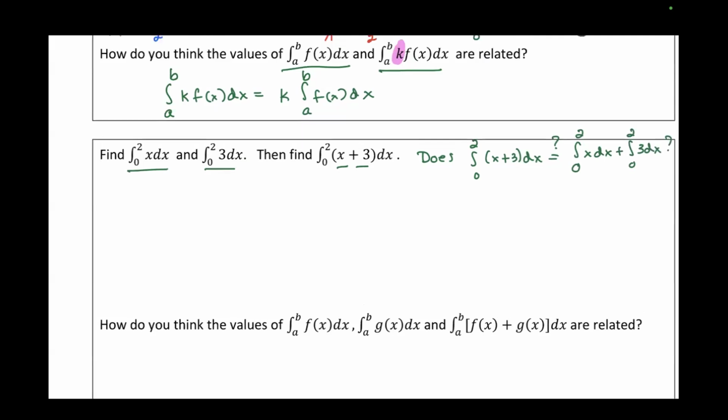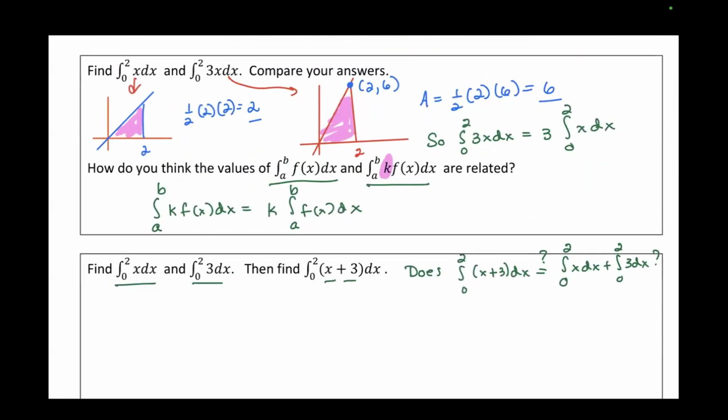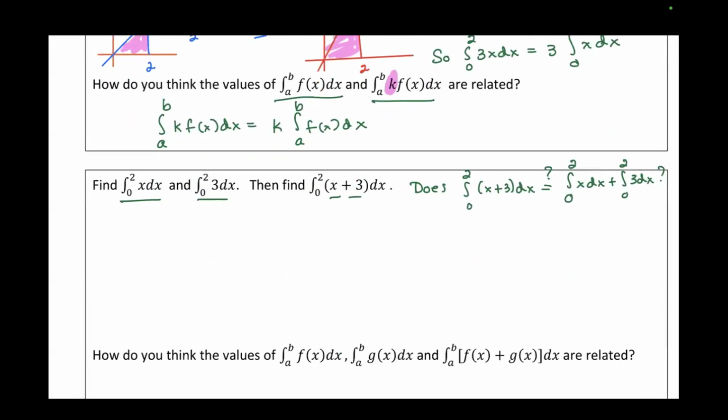All right, well, the integral from 0 to 2 of x dx, I figured it out up here. It's 2. The integral from 0 to 2 of 3 dx, well, that would just be graphing a line here. We'd go from 0 to 2, so it's a rectangle, width of 2, height of 3, that would be 6. So this answer would be 6.